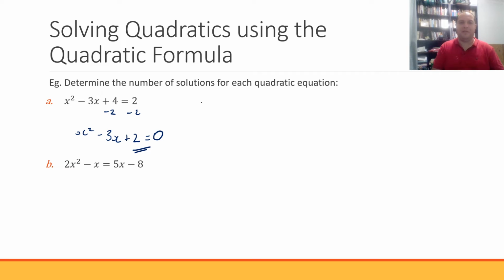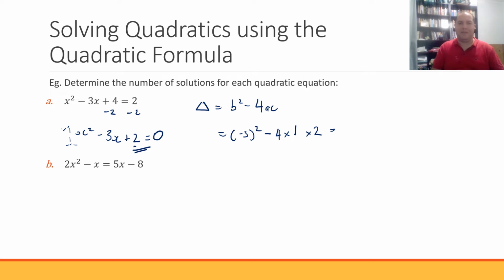Then our discriminant is going to equal b squared minus 4ac. b in this case is negative 3 squared, minus 4 times a, which is 1. Don't forget the invisible 1 in front of our x squared term there. Then times positive 2, which is our c value.